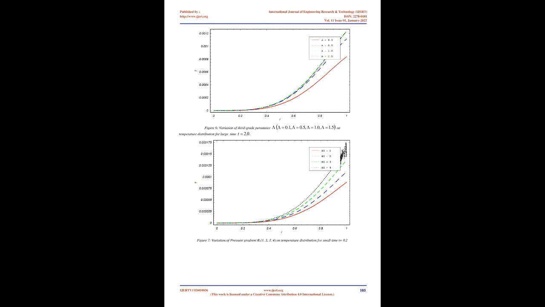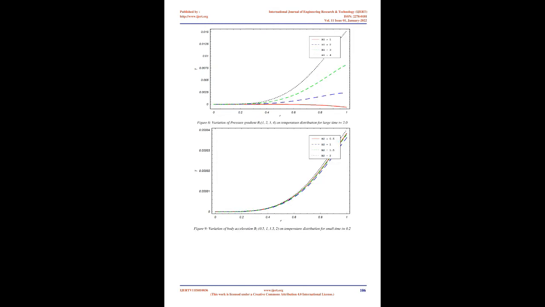Fosdick and Rajagopal, 1980, showed that for a third-grade fluid model, equations 3 and 6 to be consistent with thermodynamic considerations, the following constraints on the material constants must be satisfied, equation 9. Since the third material constant is non-zero, the stress tensor can predict shear thickening, shear thinning as well as normal stress behavior.